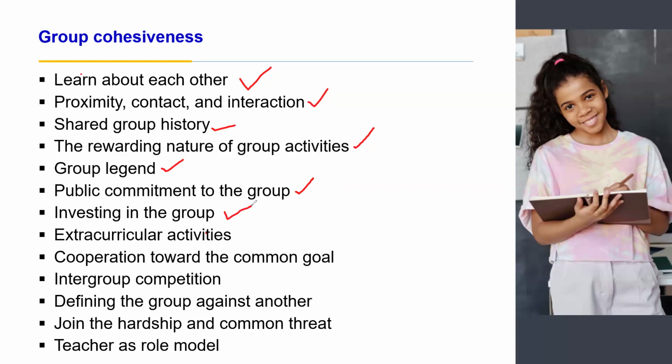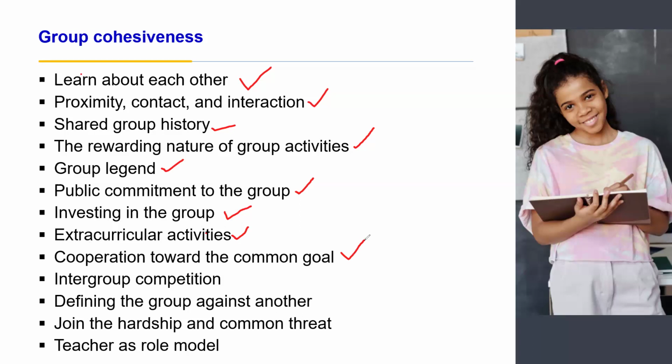Besides the classroom, they should also join extracurricular activities like sports, social activities, or any hangout activity to get to know their group better. The next one is cooperation toward a common goal. That is the simple one: students need to work together in order to achieve the goal of the group.